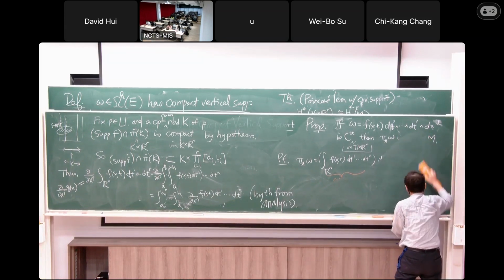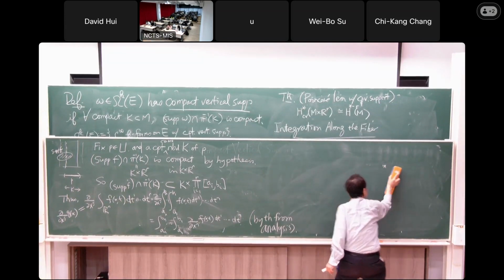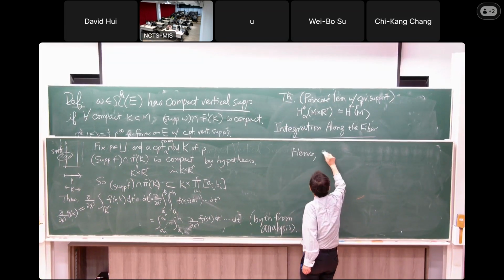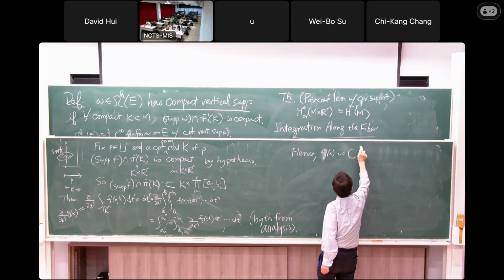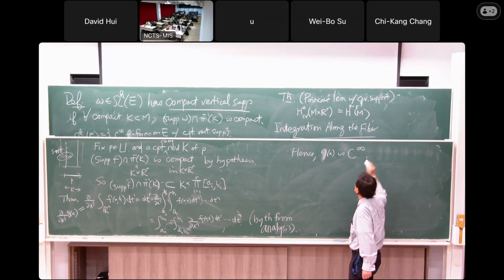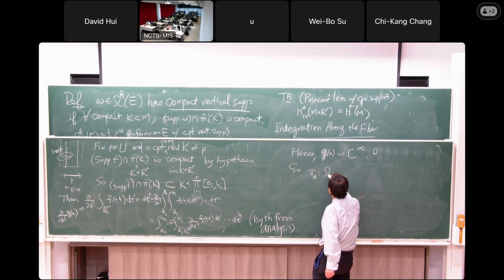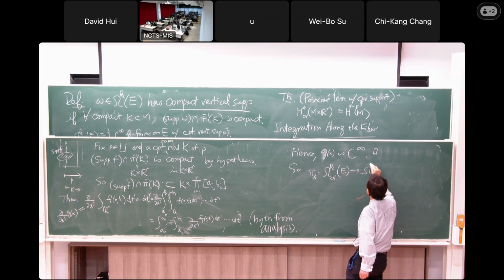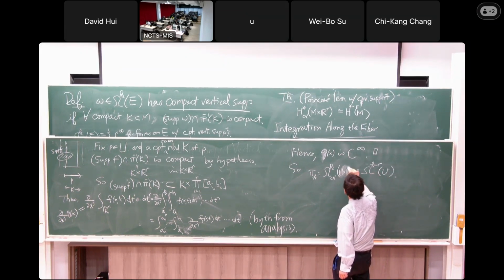Hence pi lower star will go from C infinity k-forms with compact support to C infinity (k minus r)-forms on U, not E, but U cross R to the r.